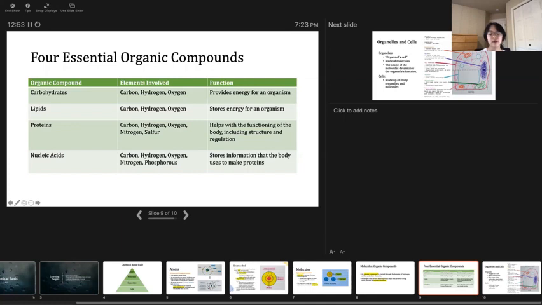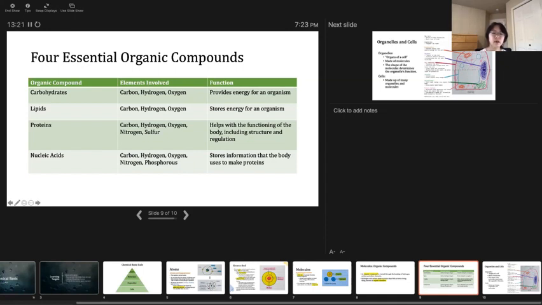The atoms involved are carbon, hydrogen, and oxygen. The function of carbohydrates, or sugars, is that they provide energy for an organism. That's why after you eat some candy or anything with sugar, you feel really energized, a sugar high almost. That's because, like I said, carbohydrates provide energy.